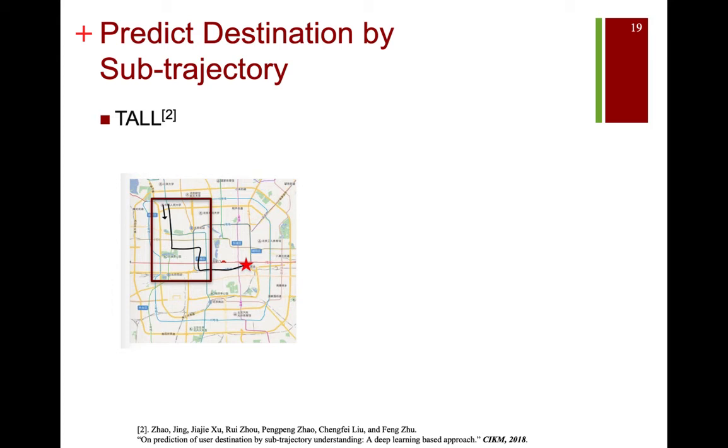A very simple way to answer this kind of question is to get all my historical trajectories, and then match the trajectories that contain a subsequence traversing from UQ to Toowong and passing by Coronation Drive. Then from this set of trajectories, you can extract all the destinations, and return the destinations with the highest frequency, and also you can return several destinations as candidate options to select.